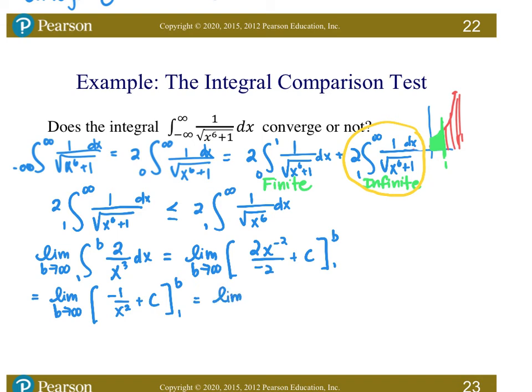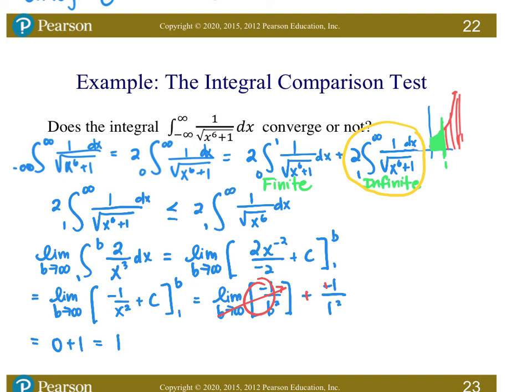So now I'm going to plug my bounds in. And I'll have negative 1 over b squared minus negative 1 over 1 squared. So my double negative gives me a plus. So we know that when I plug in infinity here, this whole thing is going to go to 0. So I'll get 0 plus 1, which is 1.